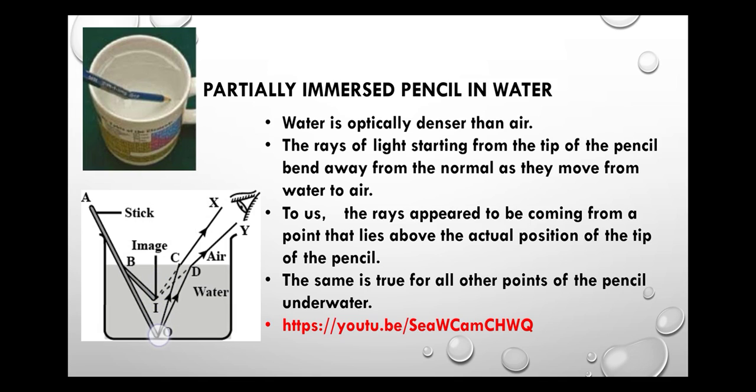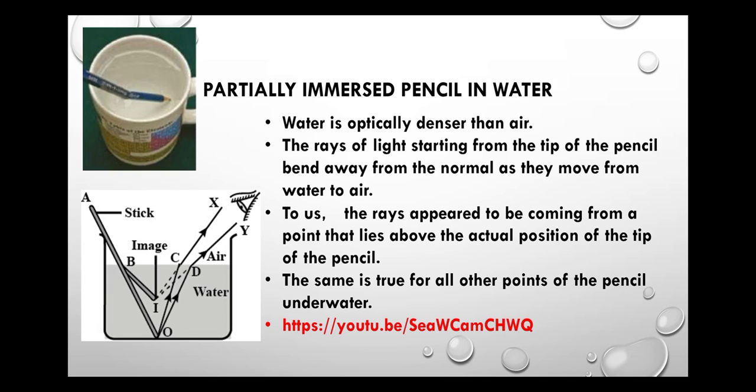So it looks like a change in position from the actual position, which is here, to the apparent position, and because of this you can see the pencil is broken from this portion. The ray of light starting from the tip of the pencil bends away from the normal as it moves from water to air.